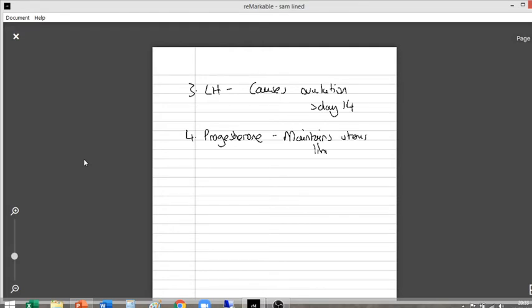And if you were to get pregnant and a fertilized egg cell implants itself, so a zygote, an embryo, implants itself into the uterus lining, progesterone will be released for 9 months, ensuring that the female doesn't have a period. Because I'm sure you appreciate if you had a period whilst you're pregnant, that is the definition of a miscarriage.